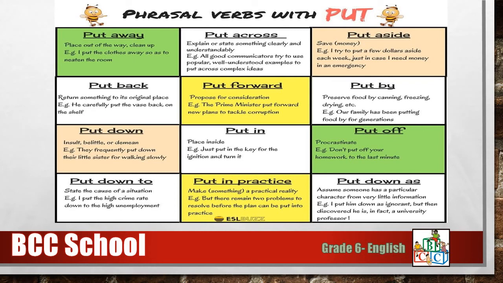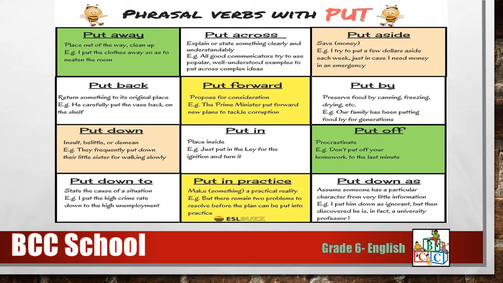Put down means to insult somebody. Put in means to place inside. Put off means to procrastinate. The example is: don't put off your homework to the last minute. Put down to, meaning state the cause of a situation.